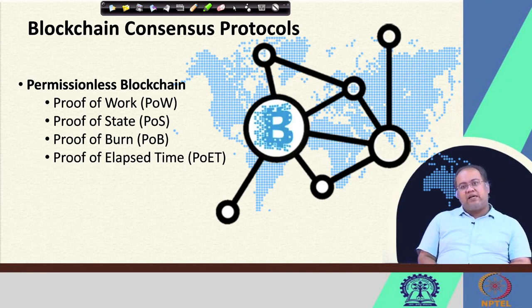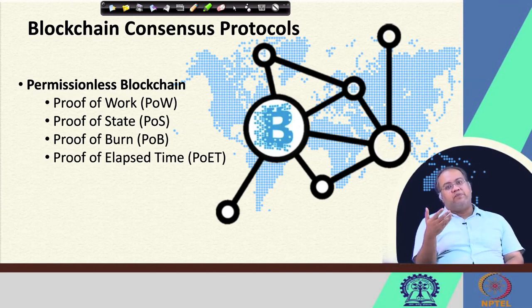What we have seen is that proof of work requires computation power and participation from a large number of miners, where the miners try to solve a complex problem in a decentralized way to find a solution to a challenge provided by the network. Once you find the solution to that challenge, you can propose a new block and that block gets added to your system.